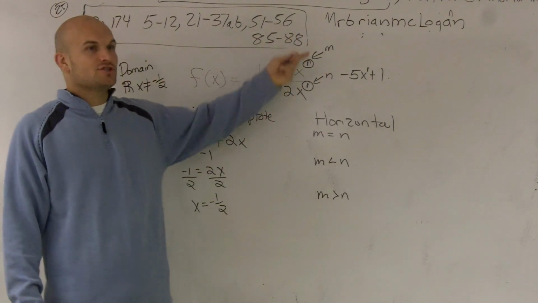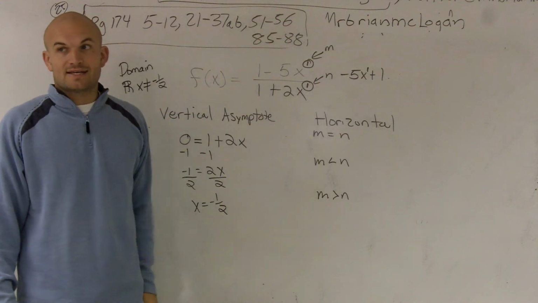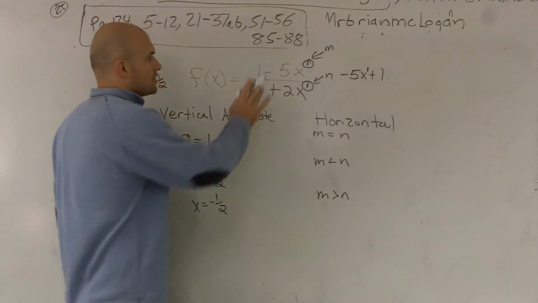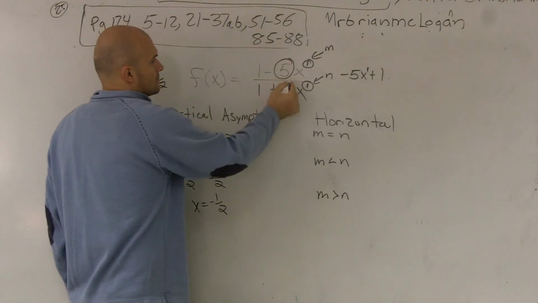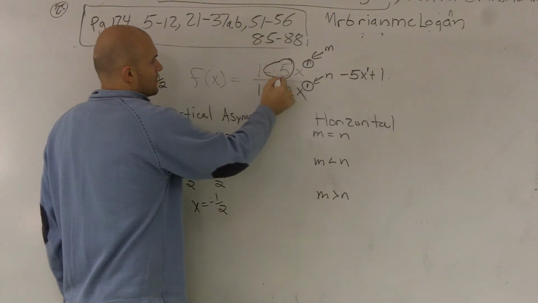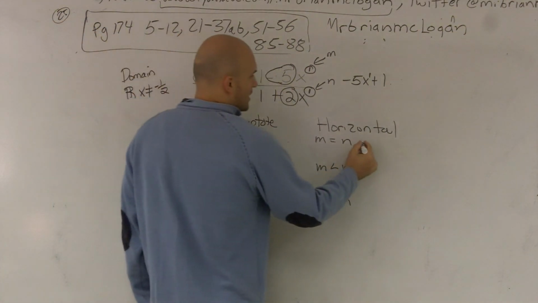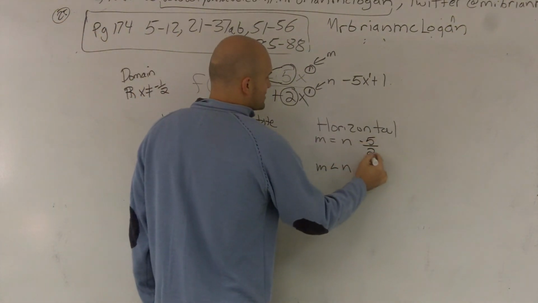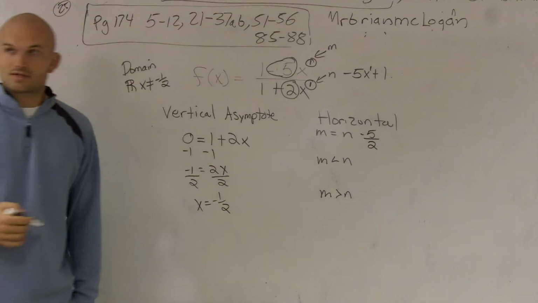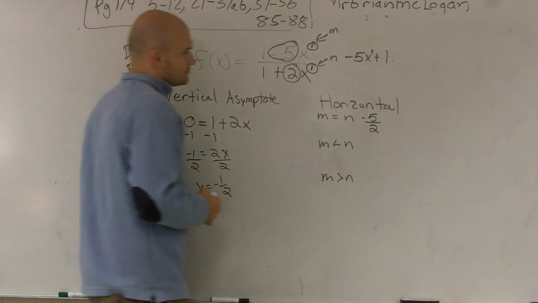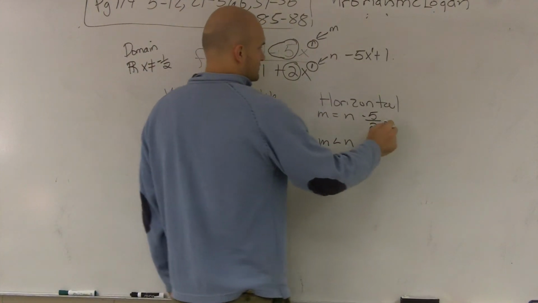If these two are equal to each other, which they are in this case, we take the coefficients. So -5 divided by 2 is going to be your horizontal asymptote.